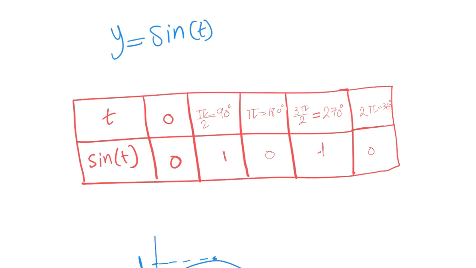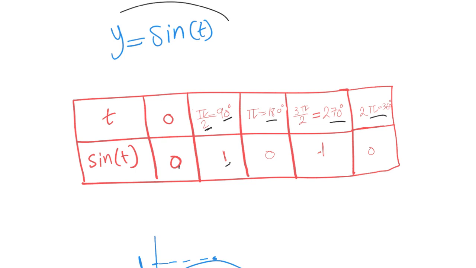If we put 0 here, sine 0 will be 0. Now if I put the time as pi over 2, which is 90, sine 90 will be 1. And for all those times, we will get this 0, 1, 0, minus 1, 0.